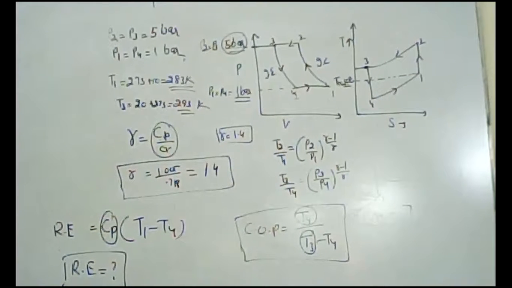Note on it, the expansion and compression processes follow the law PV^1.3 equals constant. So in this case, the value of n is given, n is equal to 1.3. Determine the theoretical COP of the system.